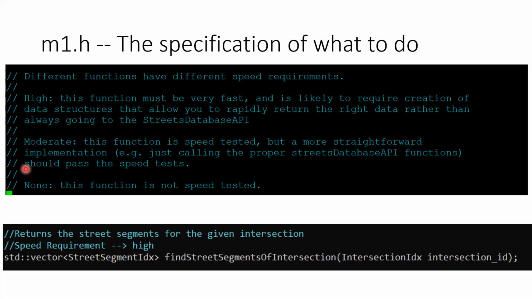And we have the moderate, which means that the function is speed tested, but you can pass it with some more straightforward implementation. And none means the function is not speed tested. The function that we just wrote has a high speed requirement, which means that we will need to create new data structures for it.